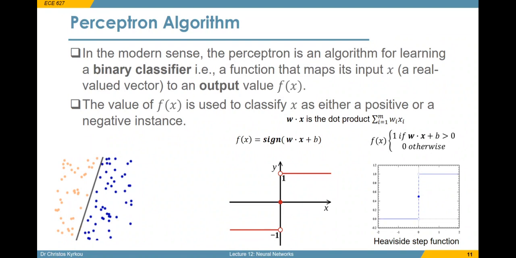The output of the perceptron can have two different forms depending on the formulation. You can either have the sign as the output function, which, in any case, outputs one of two values. Depending on what you choose as your output function, it can either output 1 or -1, or 0 and 1. And it can be used for binary classification.